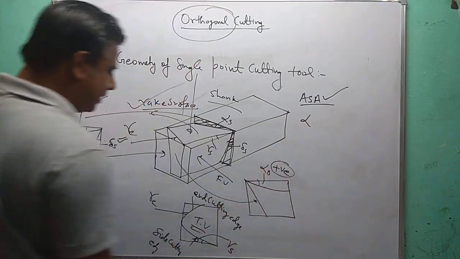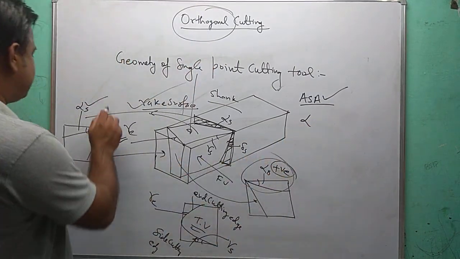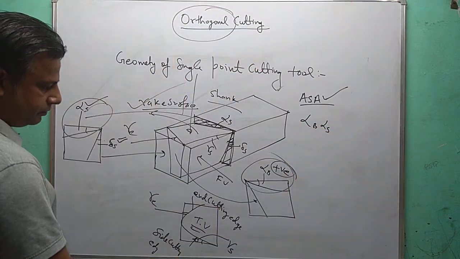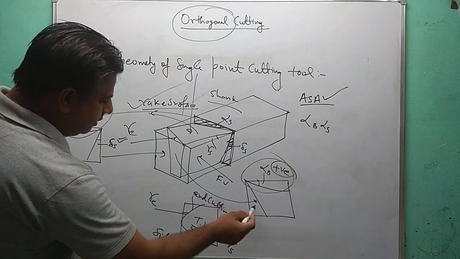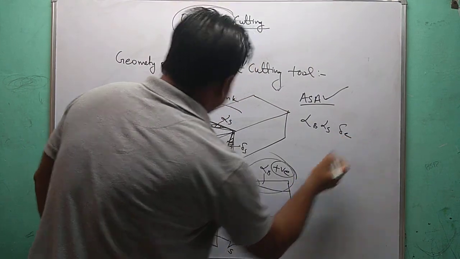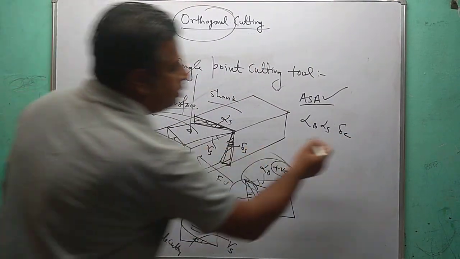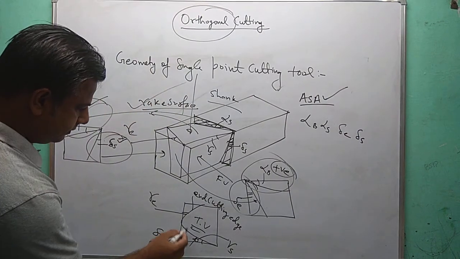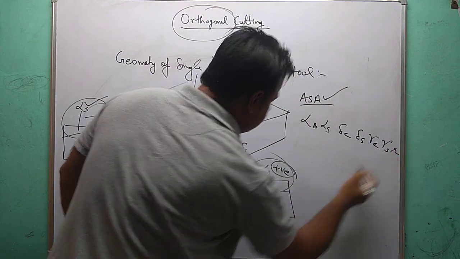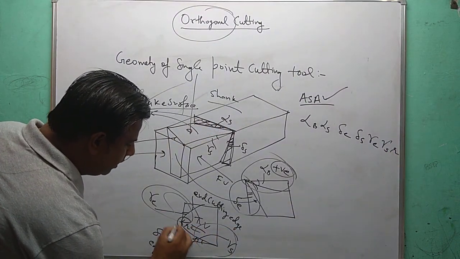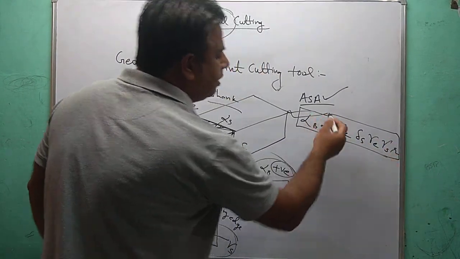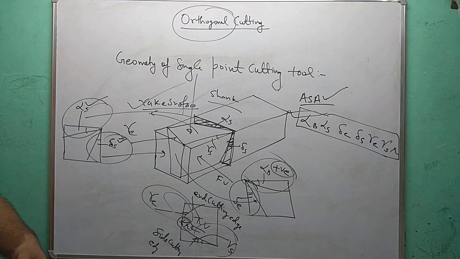We write the back rake angle and side rake angle, then the end clearance angle delta E and side clearance angle, then the end cutting edge angle and side cutting edge angle, and then the nose radius R. This order is very important when you solve numerical problems related to the merchant circle diagram.